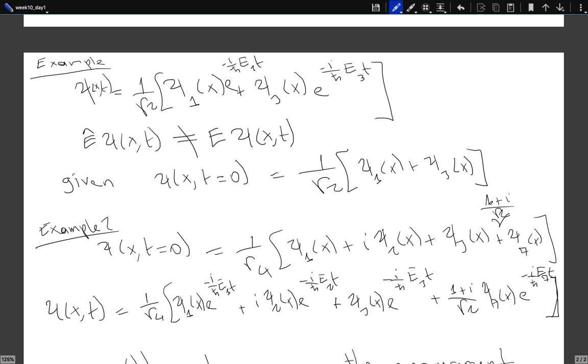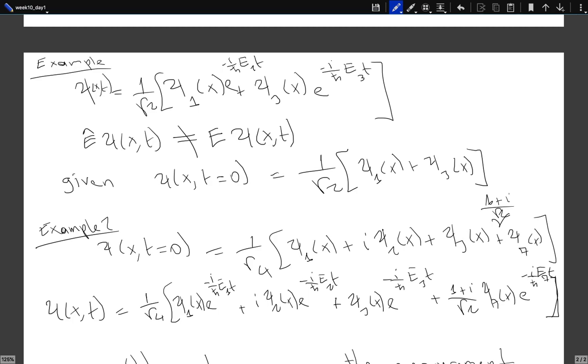These coefficients I have chosen such that they are all equally probable. But they don't have to be. You can create your system in such a special way that the coefficient of this one will be 10 times larger than the coefficient of this one. Then the probability of measuring E1 would be 100 times larger, because the probabilities are absolute value squared.